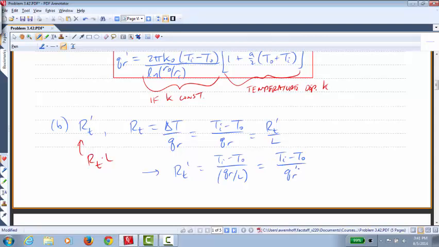So all we need to do then is take our answer for part A and stick it into the denominator for part B, and then we're done.